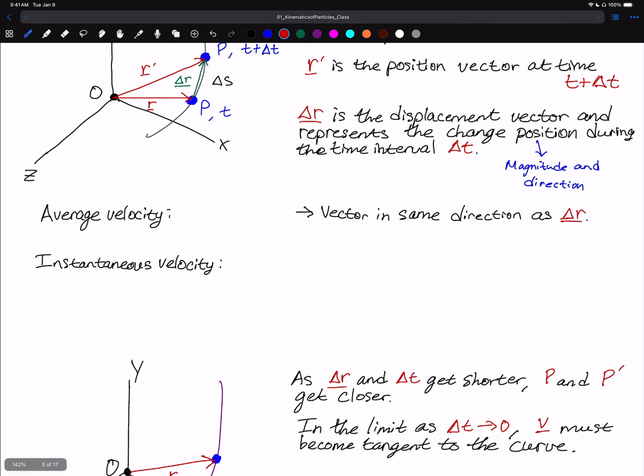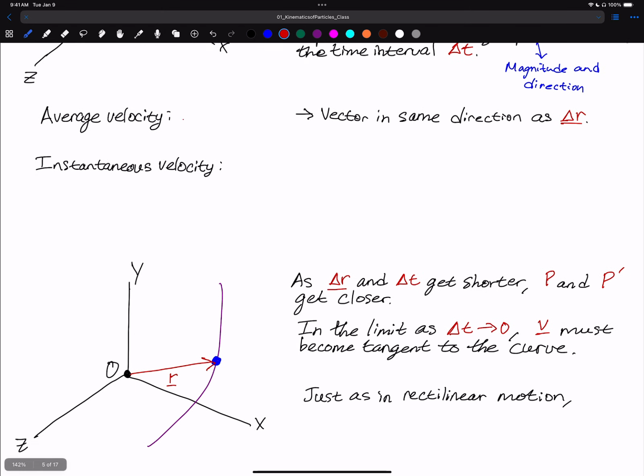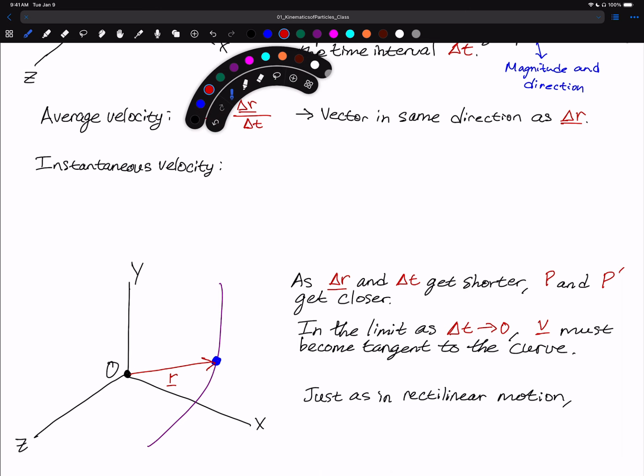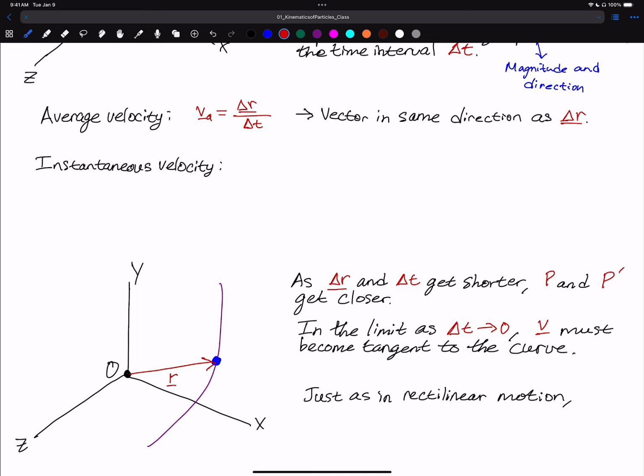Okay, we can then go and compute the average velocity, and we're going to write this as V_A. This is going to be equal to the change in position, delta R, divided by the change in time, delta t. This is a vector in the same direction as delta R. Now, this is not the instantaneous velocity.